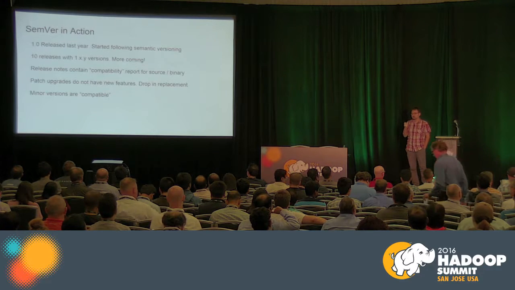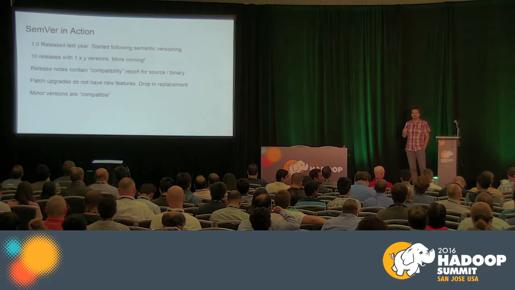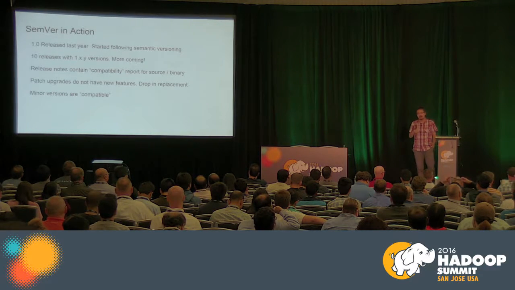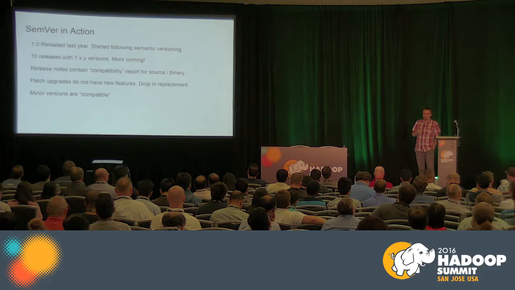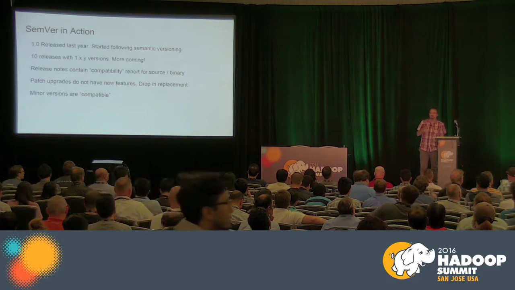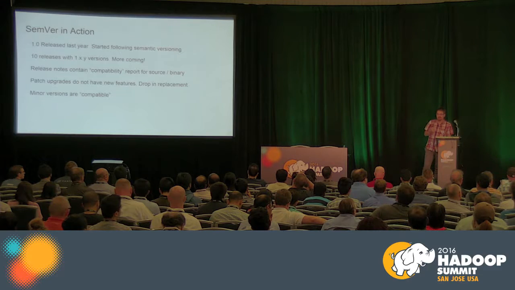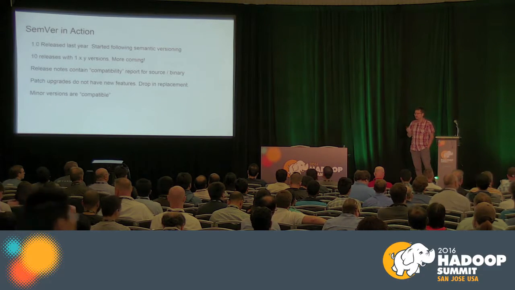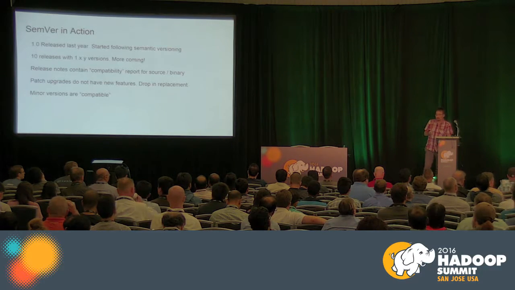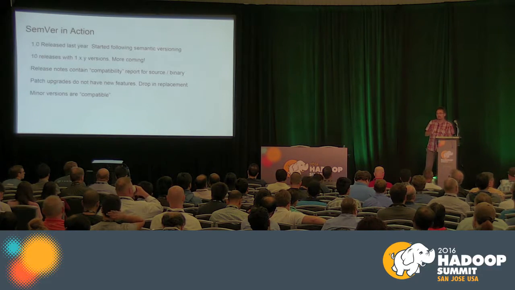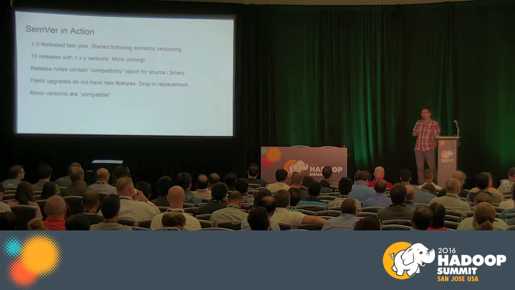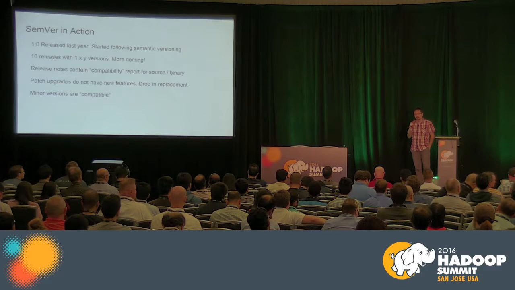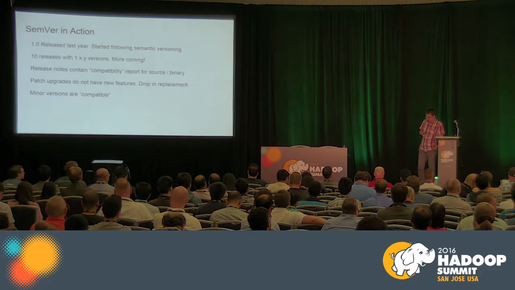The release notes contain compatibility reports for source and binary compatibility at the Java layer, so that if you are very interested in what is the difference between 1.2 versus 1.3, or between 1.0 and 1.3, for example, you can take a look at the release notes and check the actual compatibility report, generated automatically by tools, to see what kind of source compatibility and binary compatibility has changed or not.